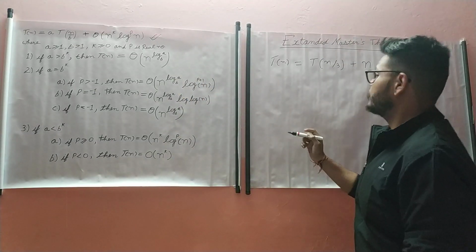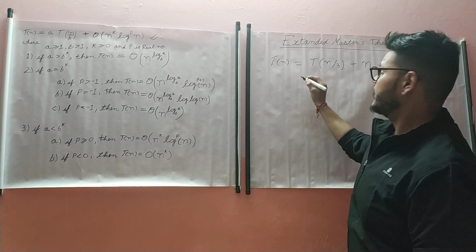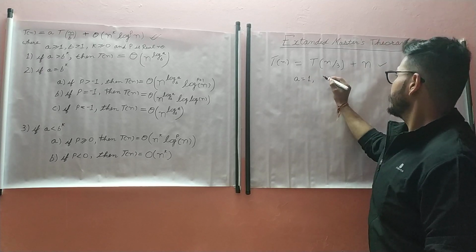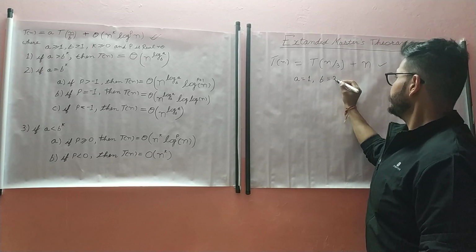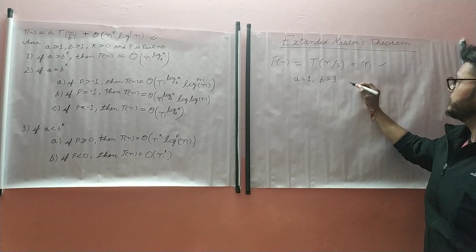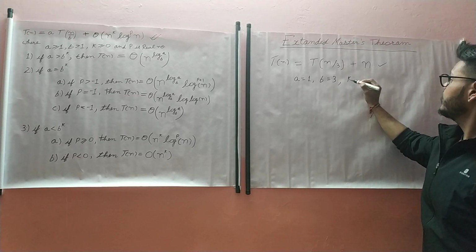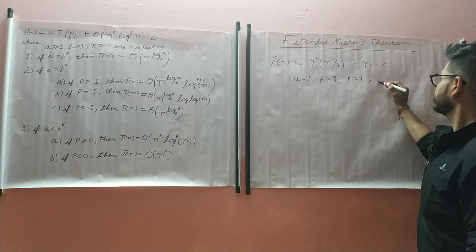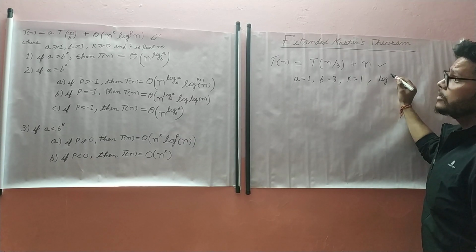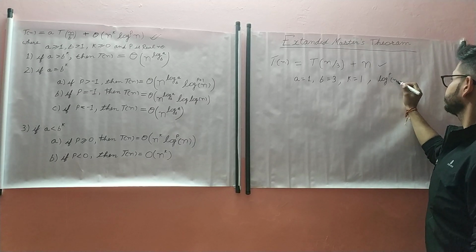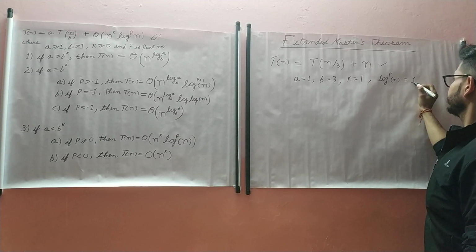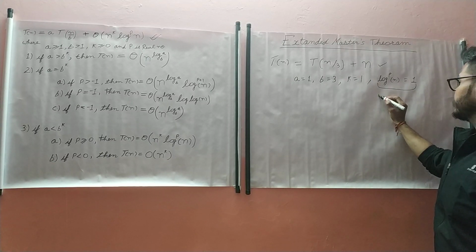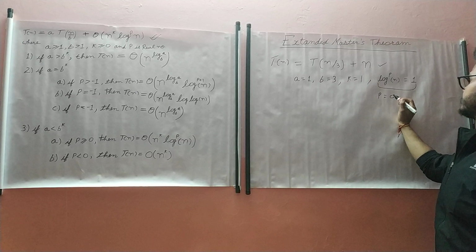By comparing, we can say that a = 1, b = 3, k = 1, and log^p n is 1. So by comparing this we can say that p = 0.